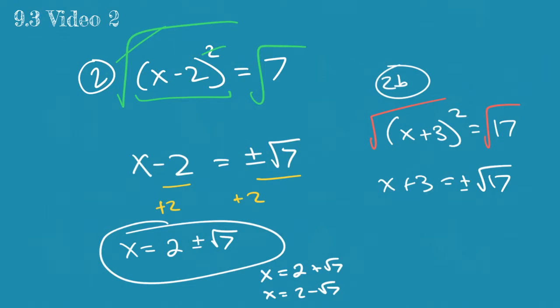So we're going to subtract 3 from both sides, and we get x equals negative 3 plus or minus root 17. You never want to put a plus or minus at the beginning. We'll always put the plus or minus in the middle. So when I subtract 3 from both sides, the negative 3 goes first, and then plus or minus root 17. So there's my answer there. Okay, moving on here.